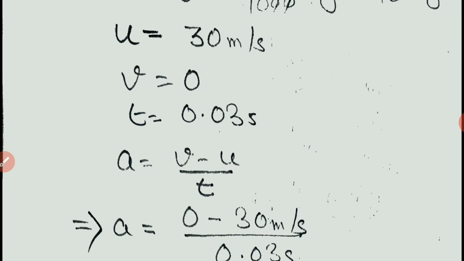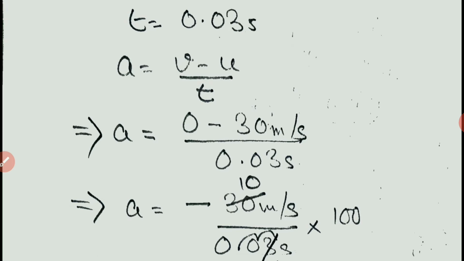To find the force, we need two things, as you all know, mass and acceleration. From number 8, we are doing the same problem in a different way. To calculate acceleration we use the formula a equals v minus u upon t, which is the first equation of motion also, v equals u plus at.